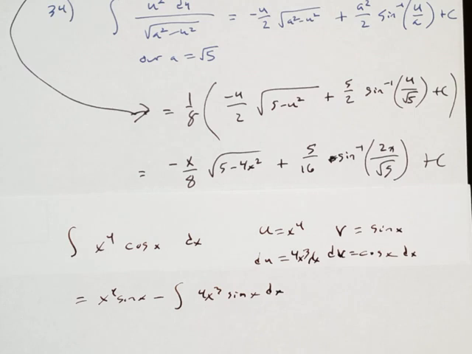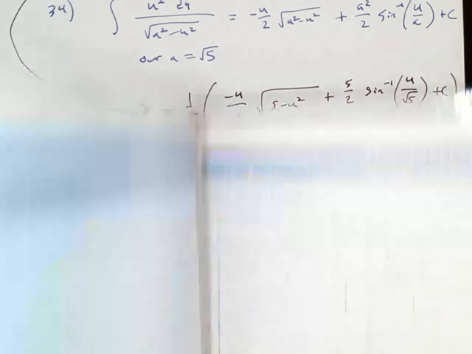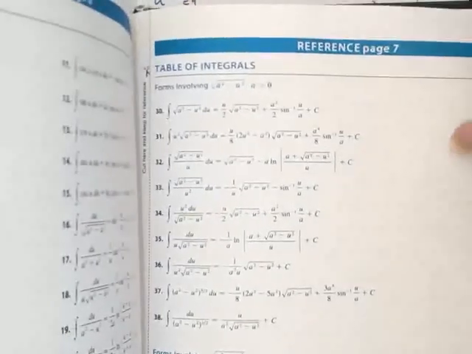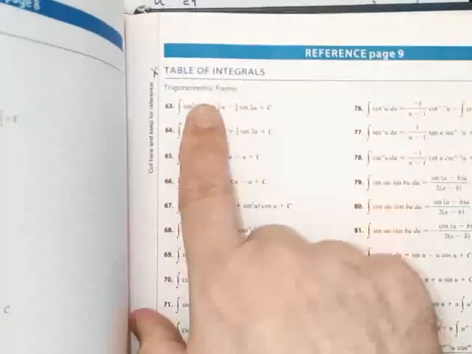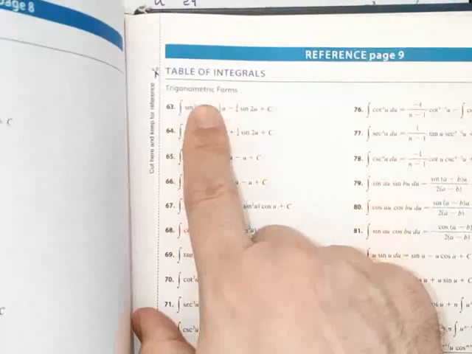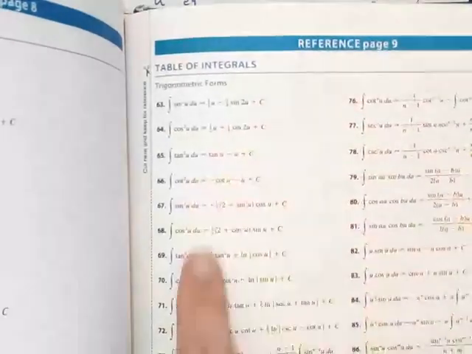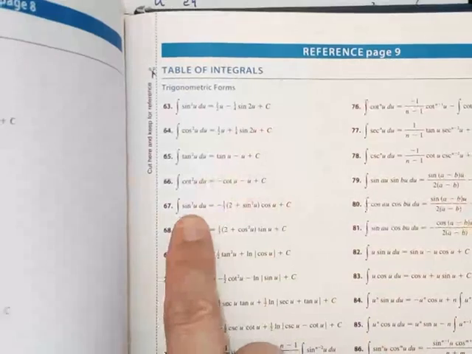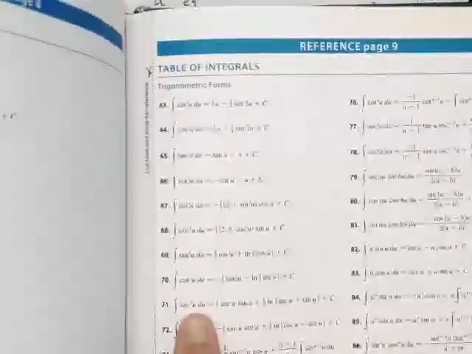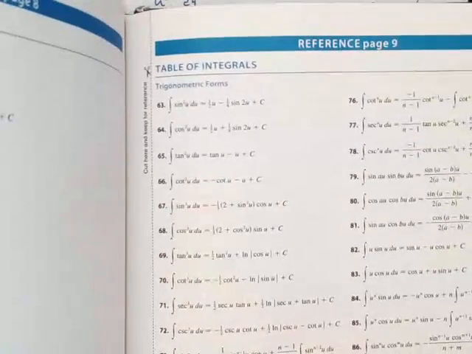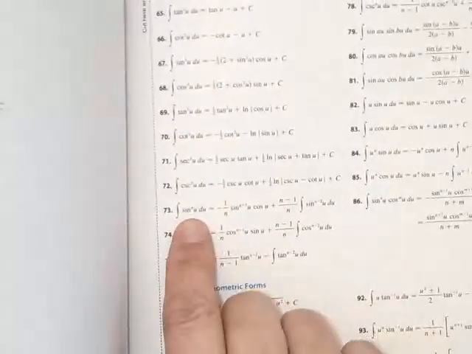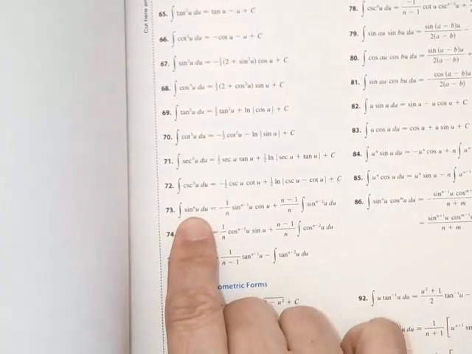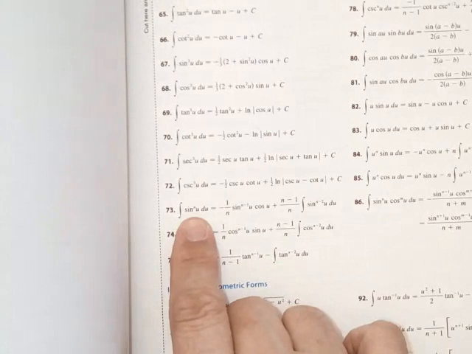Back of the book, let's look at the formulas. Trigonometric forms. All sorts of stuff involving powers of trig functions. Chapter 7, section 2. Odd powers, even powers. Sine to the nth.